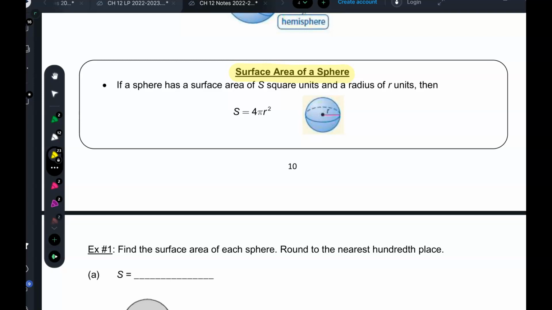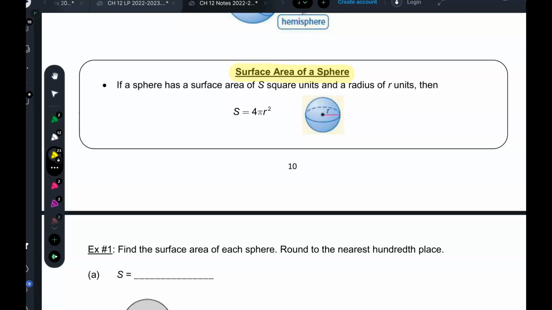Why is the surface area of a sphere 4 pi r squared? That's like saying why does y equals mx plus b. How did we derive that? A lot of our formulas come from being derived from calculus.